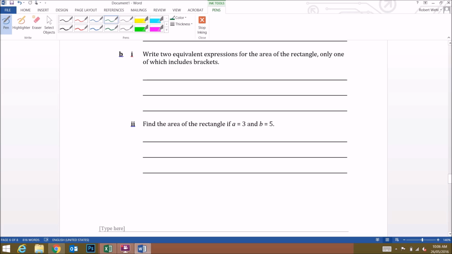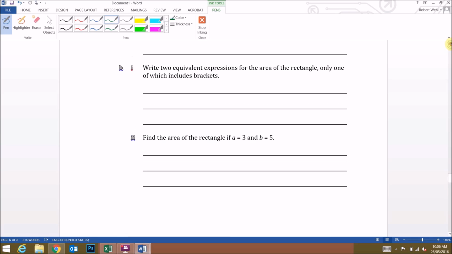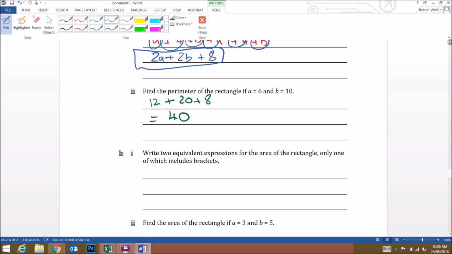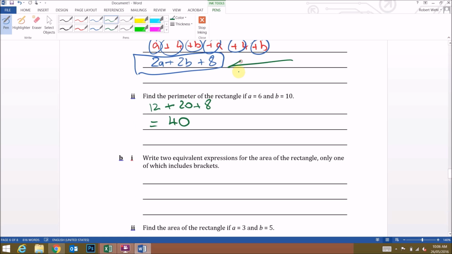Write 2 equivalent expressions for the area of the rectangle, only one of which includes brackets. So here I need to write some equivalent expressions. So here is my expression, okay, 2a plus 2b plus 8, okay, and I need to write 2 equivalent expressions for the area.